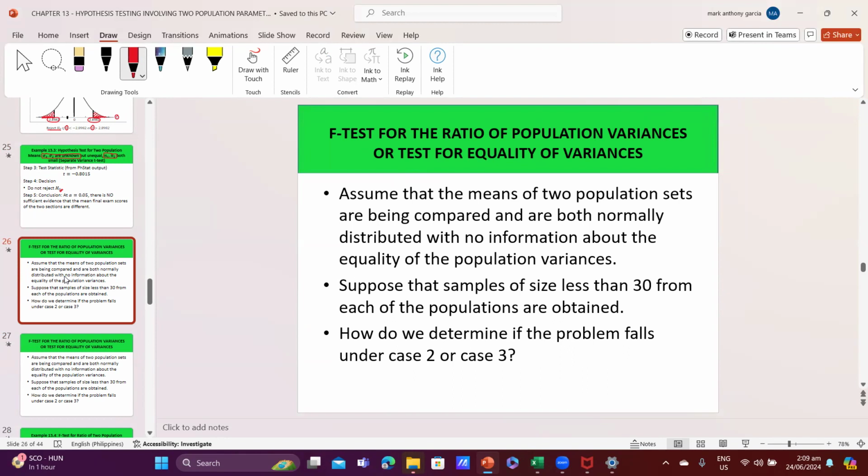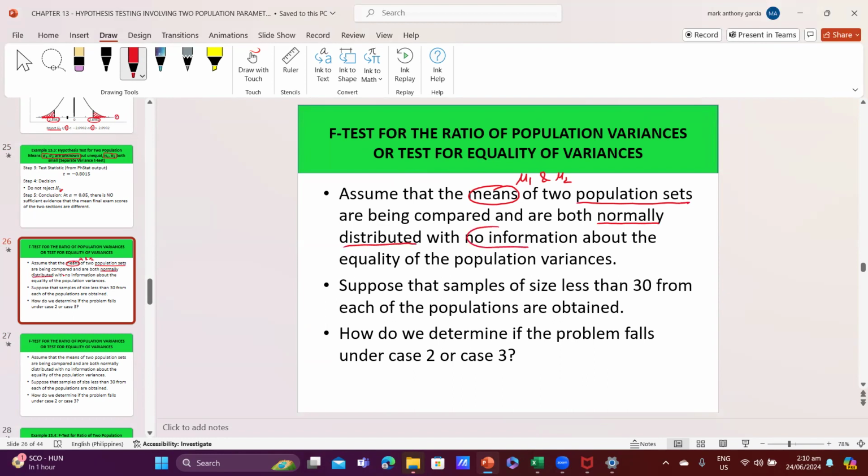This test is used if we assume that the averages of the two populations, mu sub 1 and mu sub 2, are being compared, and the data coming from both populations are normally distributed.